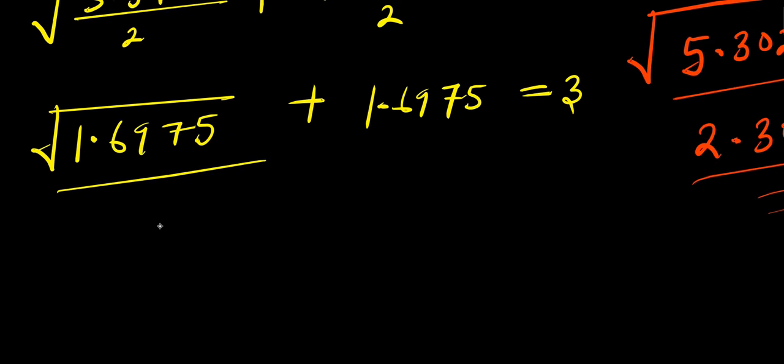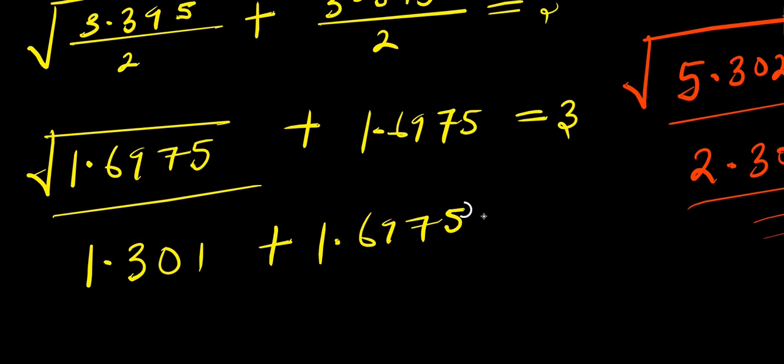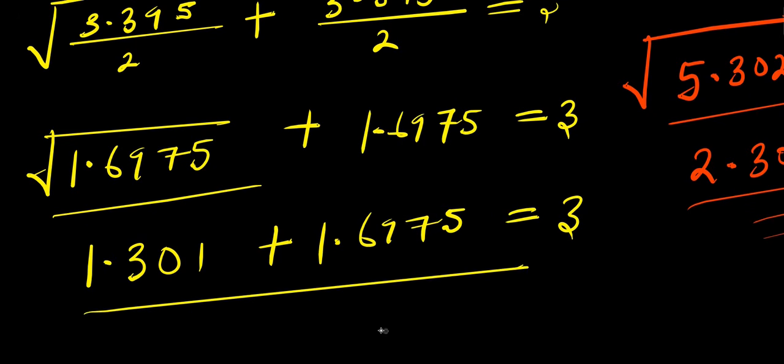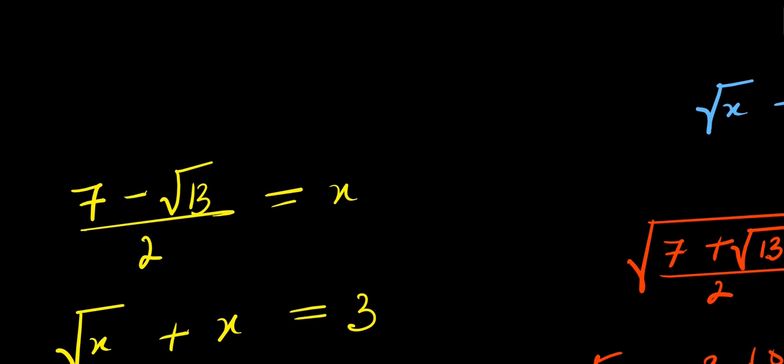The square root of this will give us approximately 1.301, then plus 1.6975. This equals 3. So if you add this to this, you have an approximate value of 3. So this means that this is the only valid solution, this particular solution here.